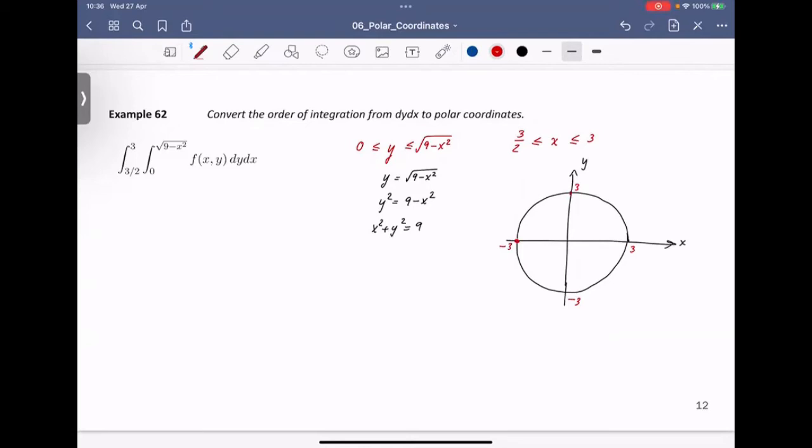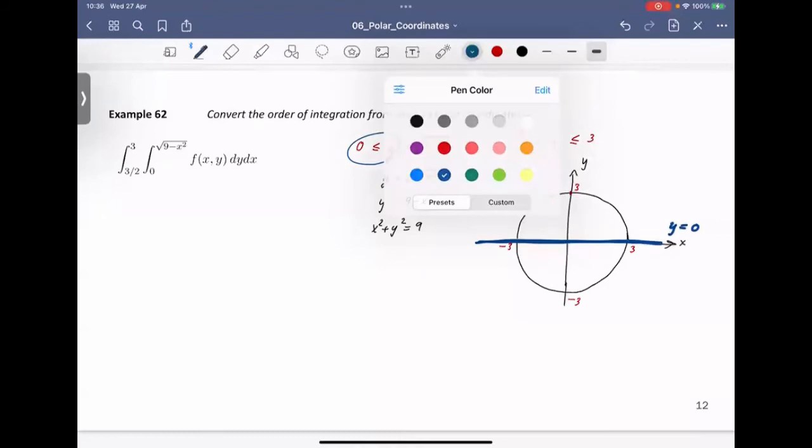The second one: I need to draw y equals 0. Y equals 0 is this axis. I'm going to do the thick blue line here. This is y equals 0.